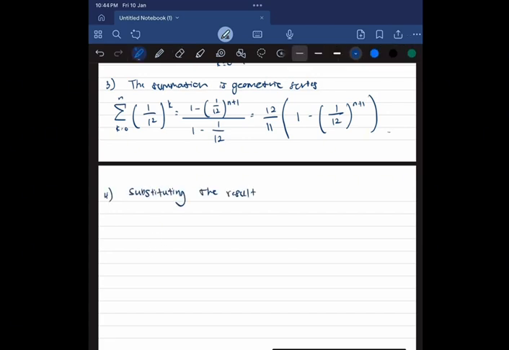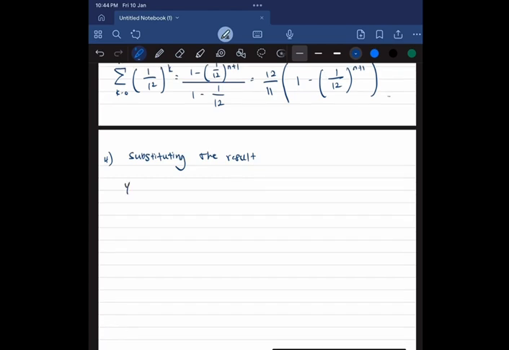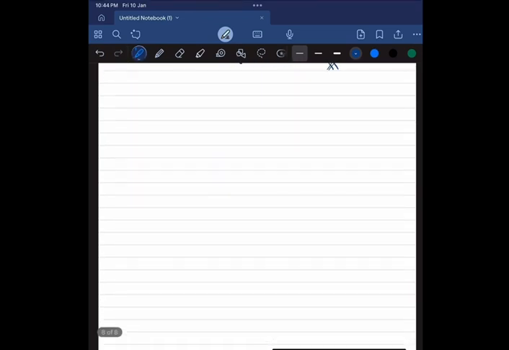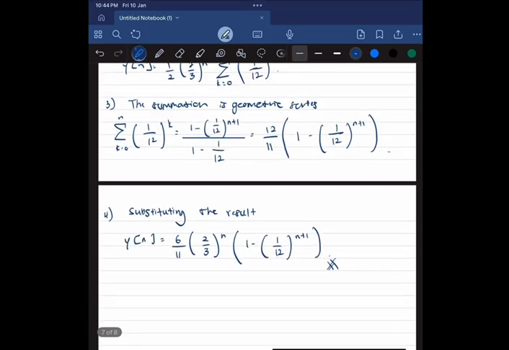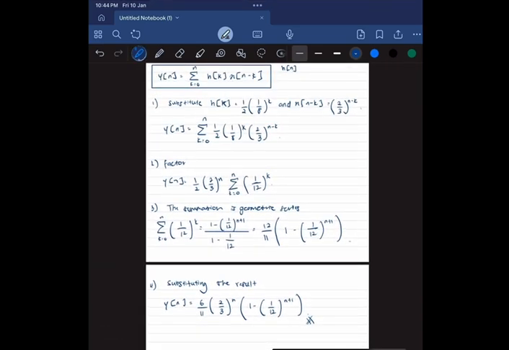We substitute the result of the series. So yn equals 6 over 11 multiplied by 2 over 3 to the power of n, bracket 1 minus 1 over 12 to the power of n plus 1. So that is the answer for question B for the time domain solution.